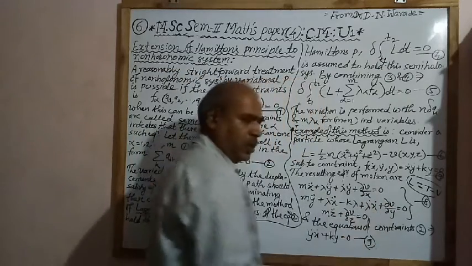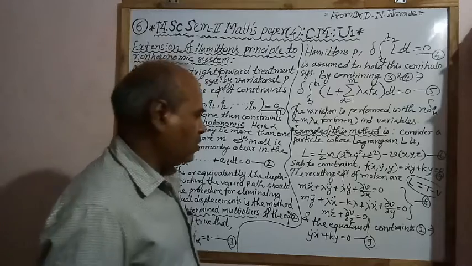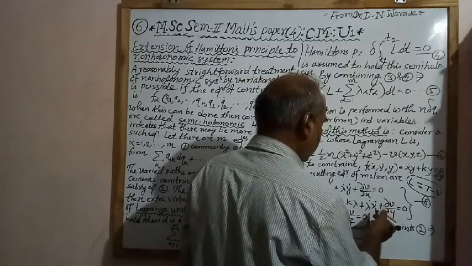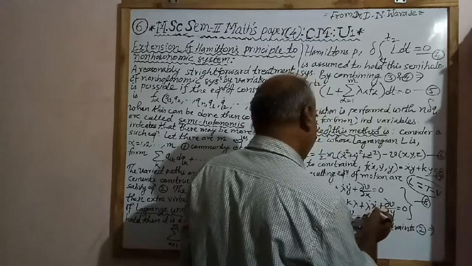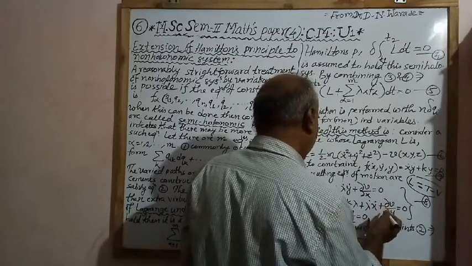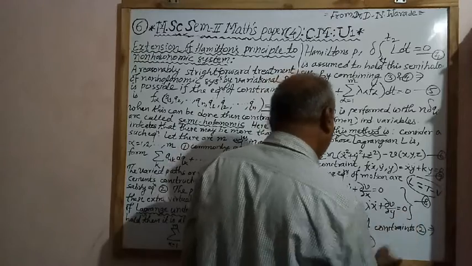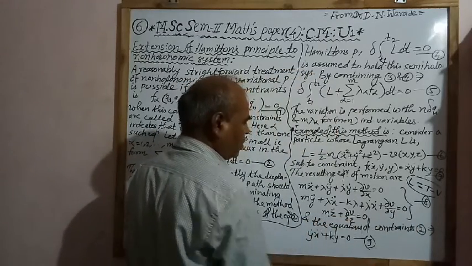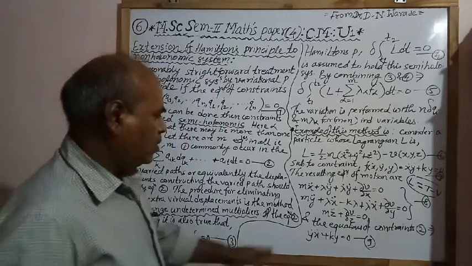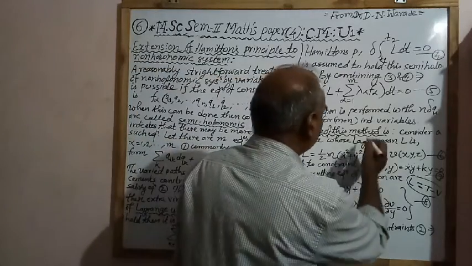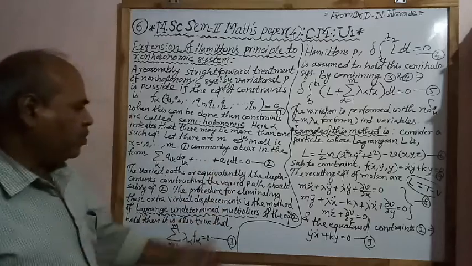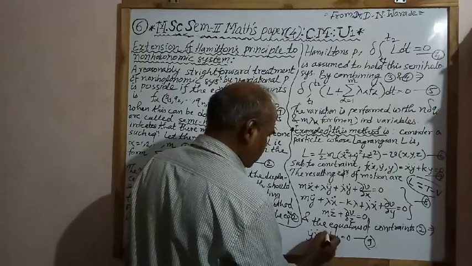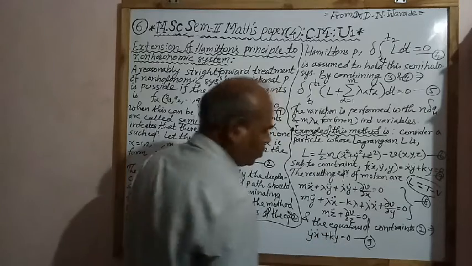This double dot means the double derivative, d squared x by dt squared, plus del V by del y equal to 0. Third equation: m z double dot plus del V by del z equal to 0. And the equation of constraint, equation 2, implies that y dot x dot plus k y equal to 0.